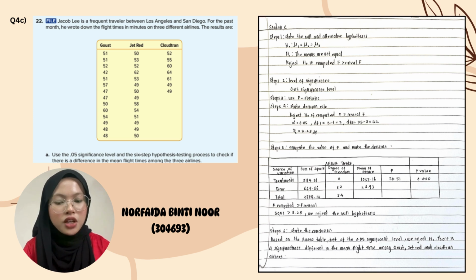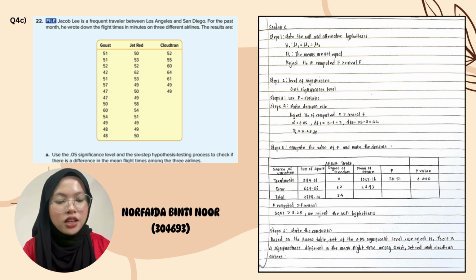For this answer, I only used a scientific calculator. So we reject the null hypothesis. This is because our computed F is higher than F critical, which is 50.51 is higher than 3.28.